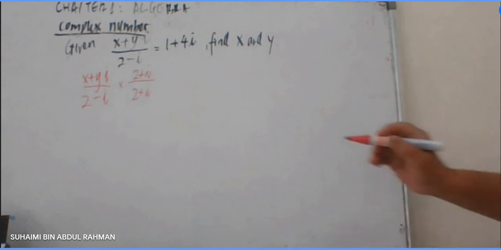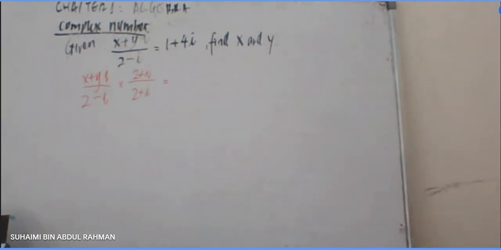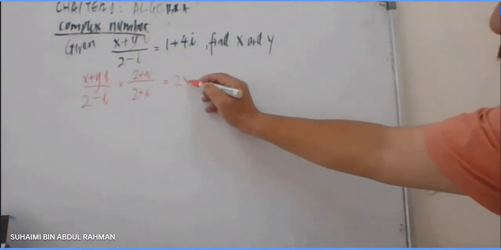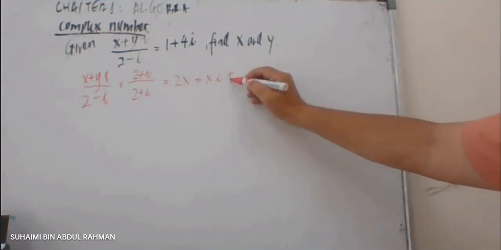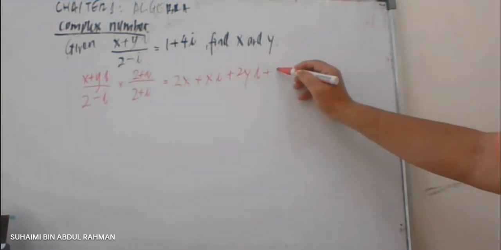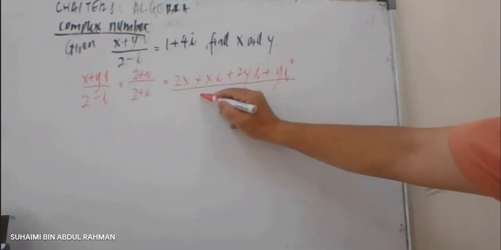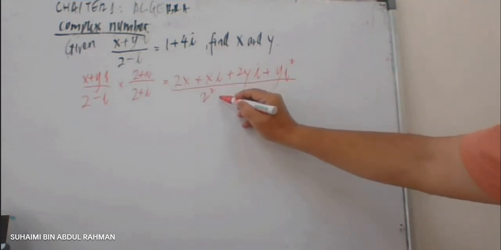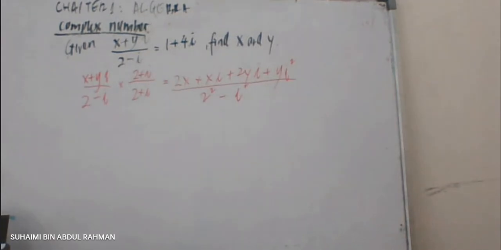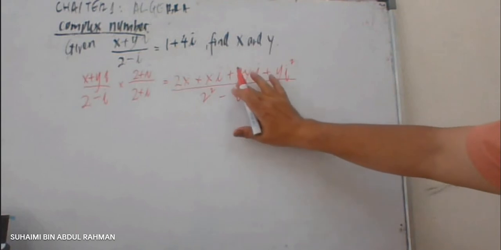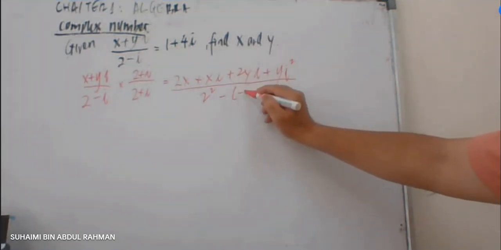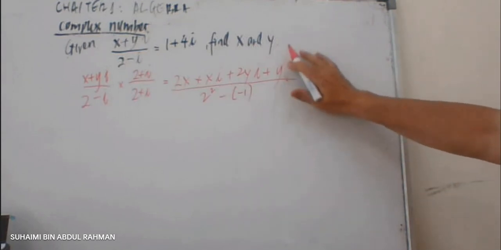So what do we have after multiplications? 2x plus xi plus 2yi plus yi to the power of 2. 2 to the power of 2, minus i to the power of 2, and change the i squared to negative 1.